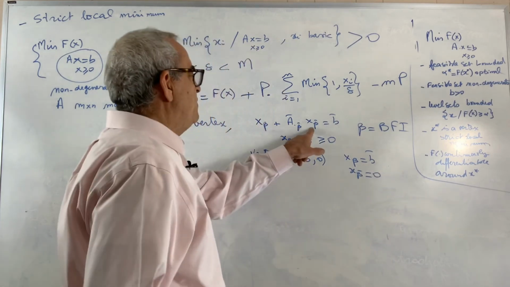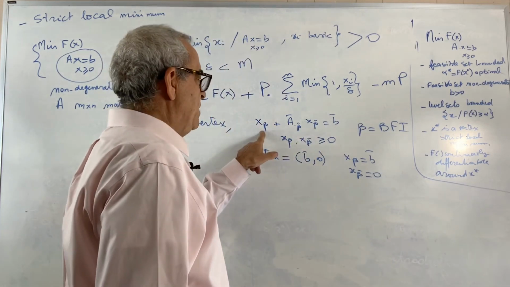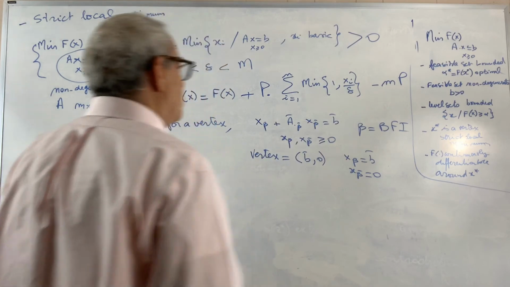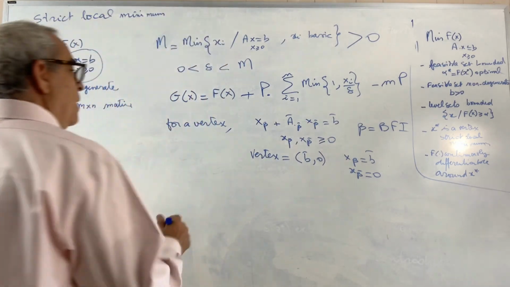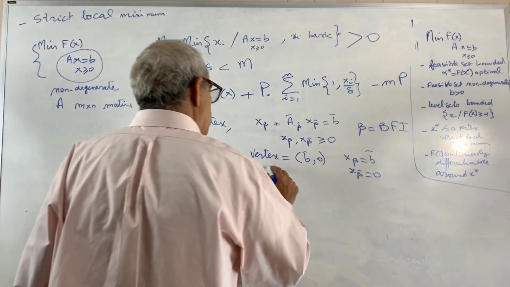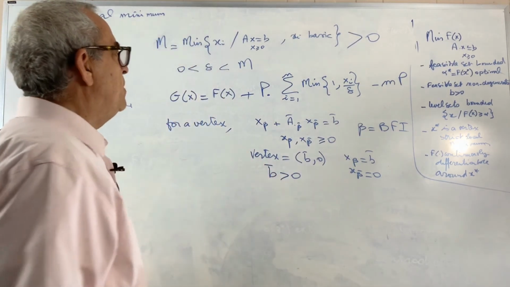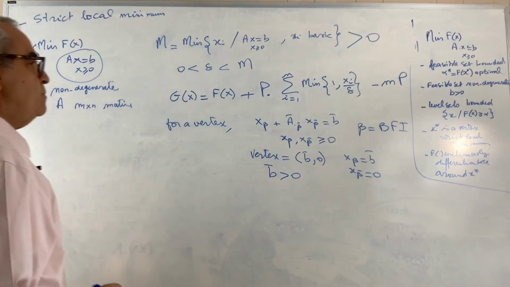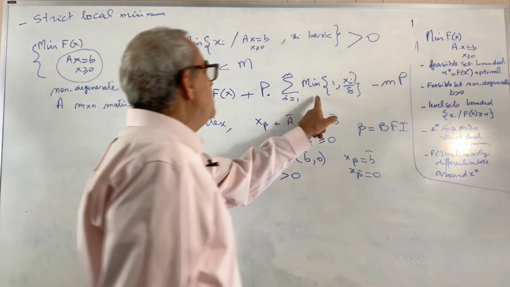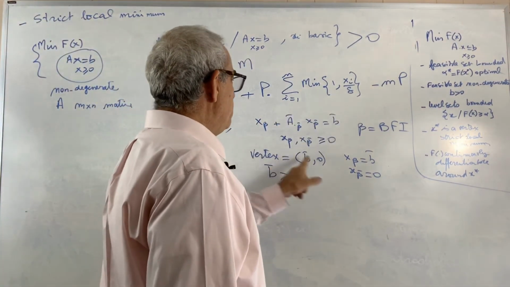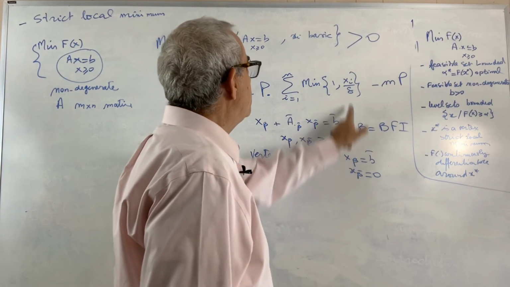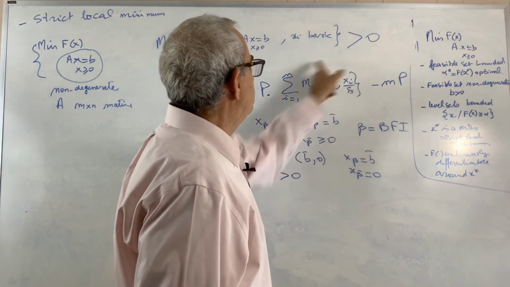So the non-basic variables are set to 0, and the basic variables are equal to the right-hand side. And remember, here it is non-degenerate, so b bar is strictly positive. Every component of b bar is strictly positive. So as you can see, this term here, for the non-basic variables, is 0, so the minimum is 0.